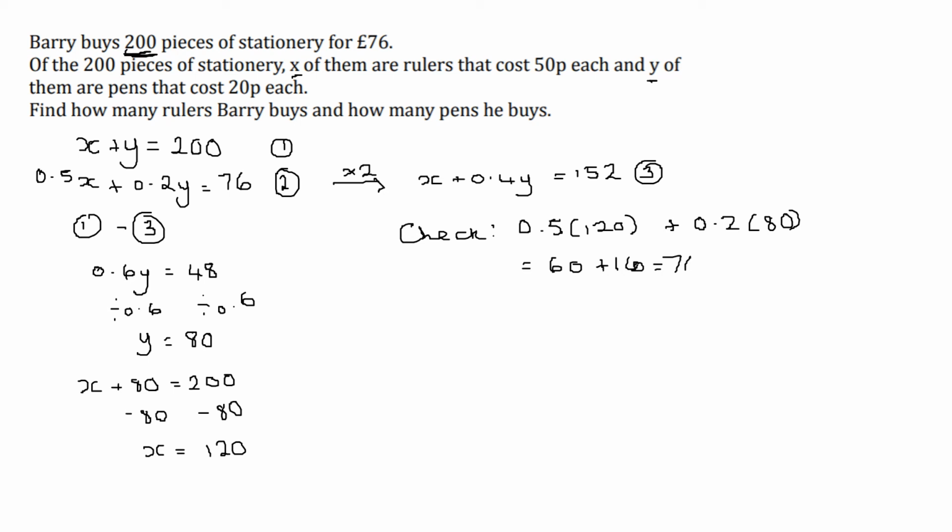So the values satisfy both equations. So we can say that Barry buys 120 rulers and 80 pens.